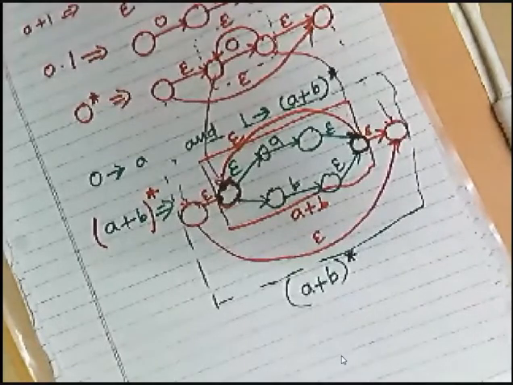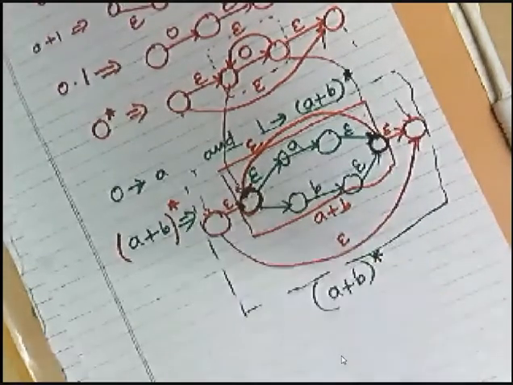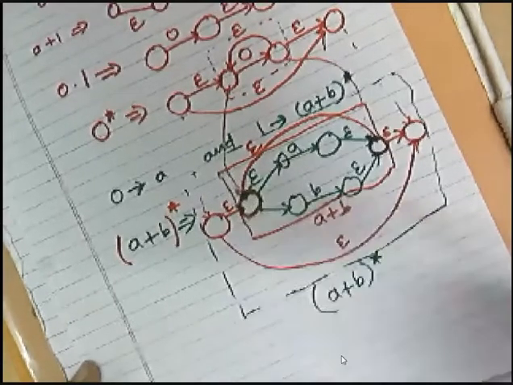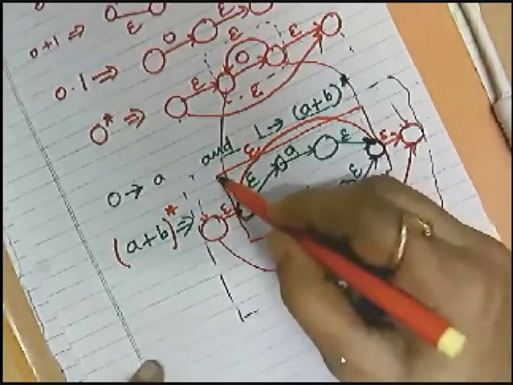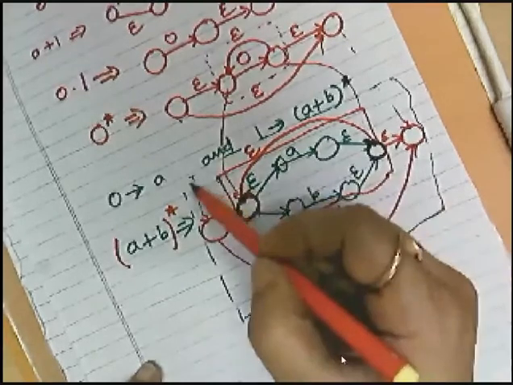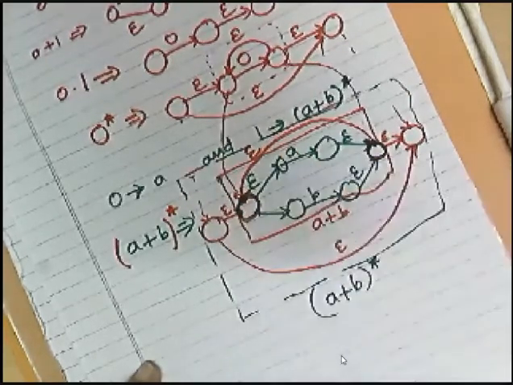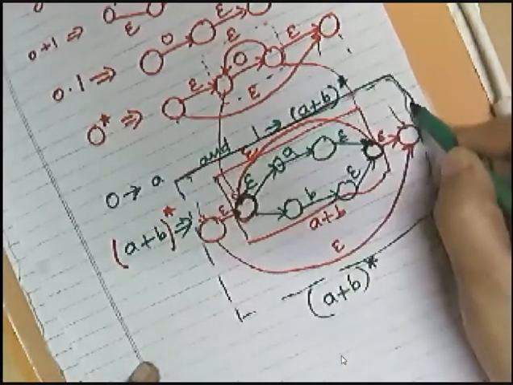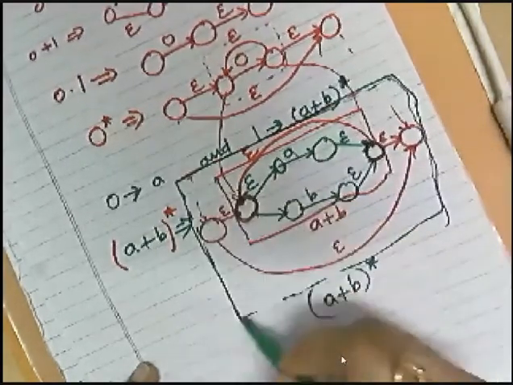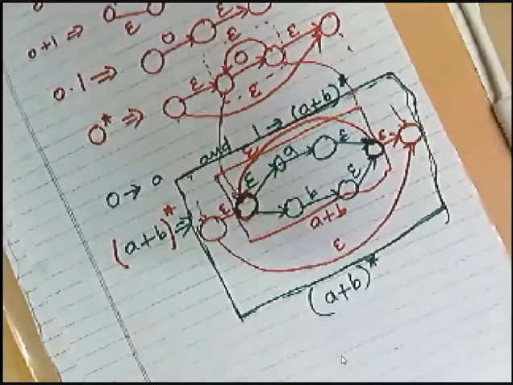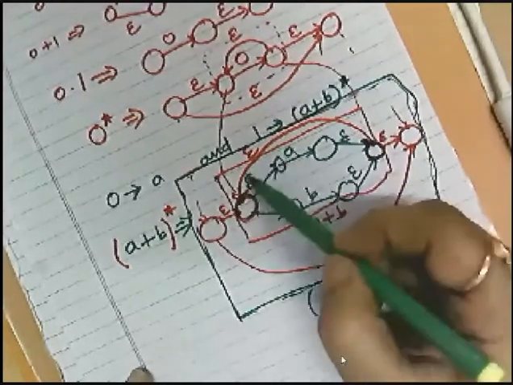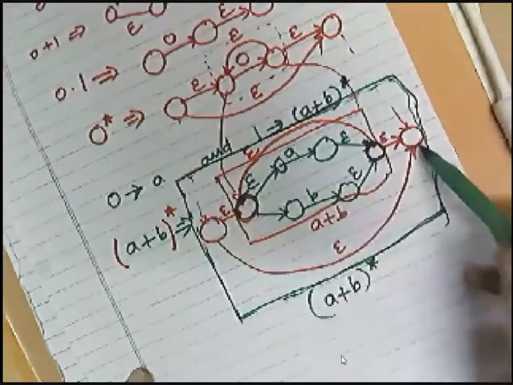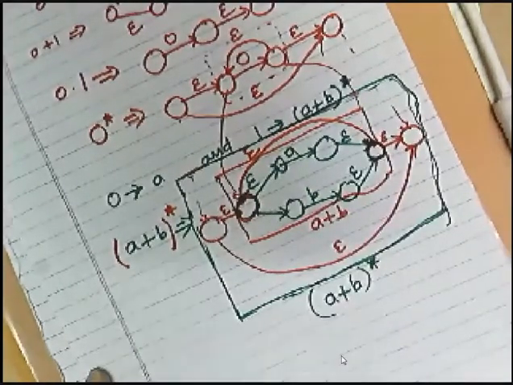I hope you have understood it. So in this way, we have represented A plus B whole star. This internal red color box is representing only A plus B, and this green color boundary is showing you the A plus B whole star, where we have added this transition and this transition, right? So with this, A plus B star is over.